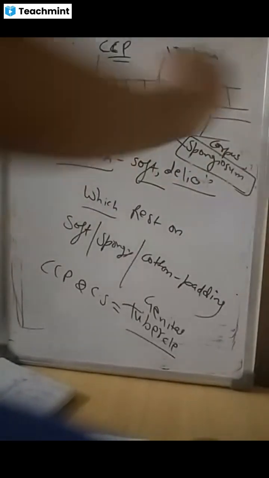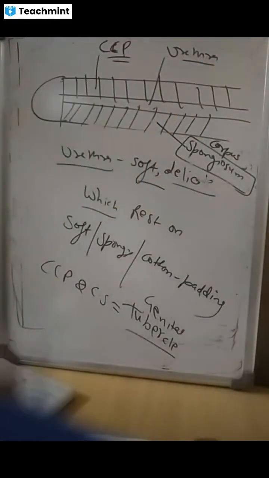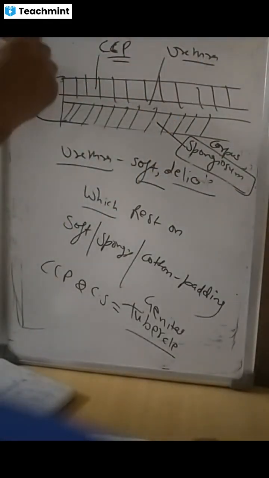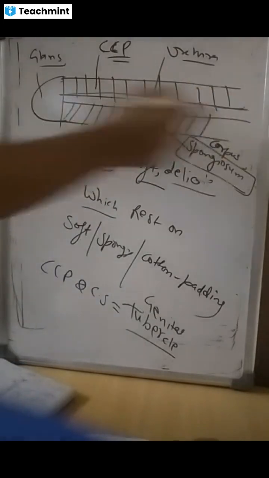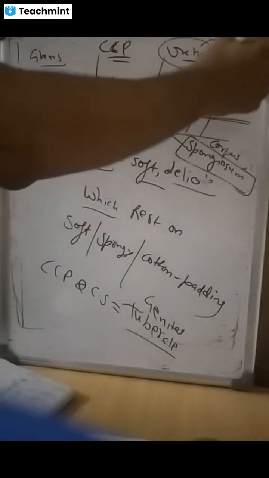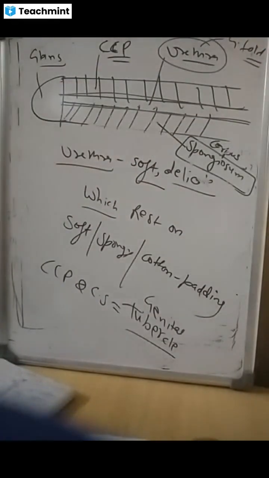So what are the structures derived from genital tubercle? This tissue, spongiosum, penis and glans. This tip is known as glans. So these are derived from the genital tubercle. The penile urethra part is derived from the genital fold.